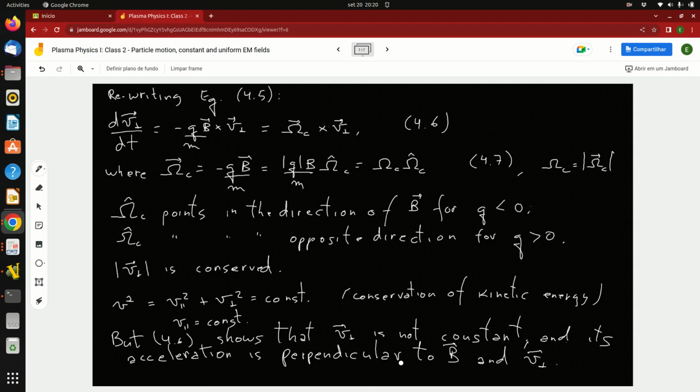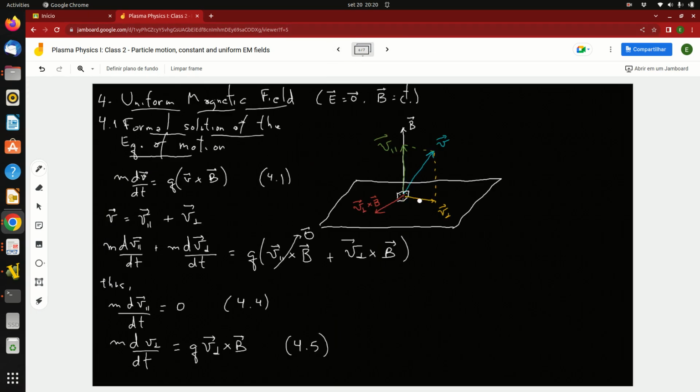Thus, the acceleration produces what? It's a rotation of v perp on the plane perpendicular to b with a certain velocity. Why? Because if you have a vector v perp that will not have its modulus changing, but in itself it will be moving, and the acceleration is perpendicular to both this and this, so the acceleration has to be in this direction. So it will be moving, but it has to conserve the length. So it must be spinning. So it has to be rotating.